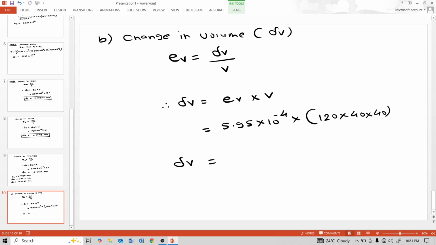Therefore, change in volume is 5.95 into 10 raised to minus 4 into 120 into 40 into 40, which is 114.2 mm cube. This is change in volume for that rectangular bar subjected to triaxial loading.